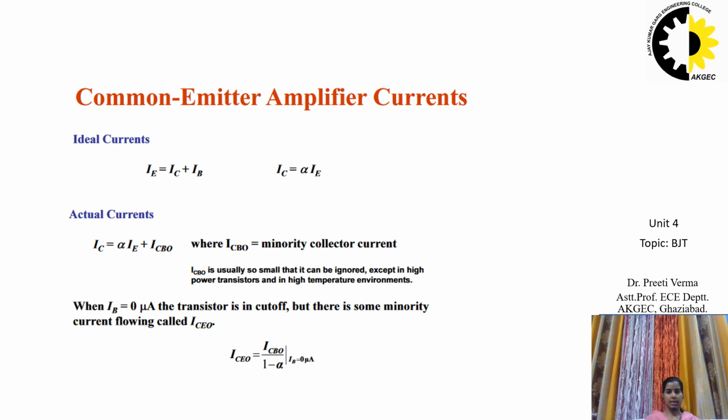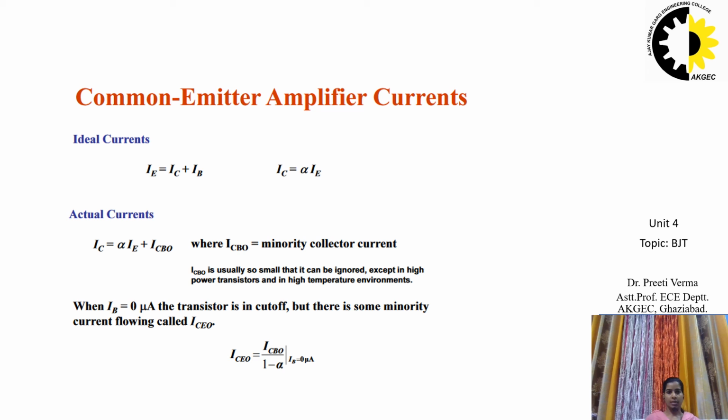Actual current IC is equal to alpha IE plus ICBO, where ICBO is the minority collector current. ICBO is usually so small that it can be ignored except in high power transistors and high temperature environments.